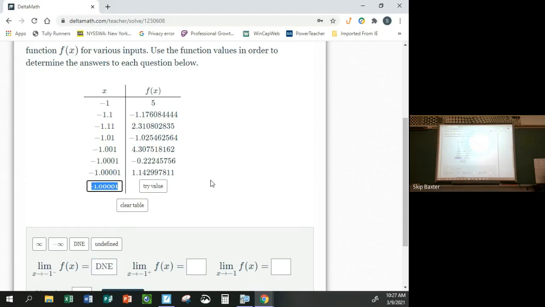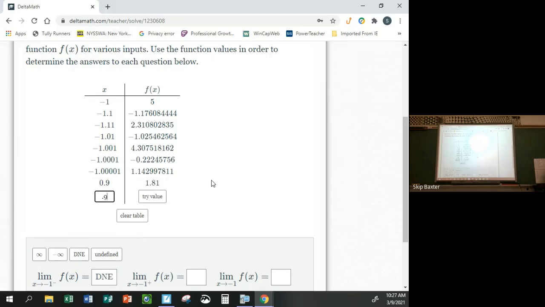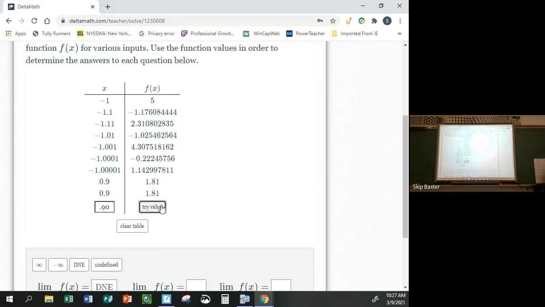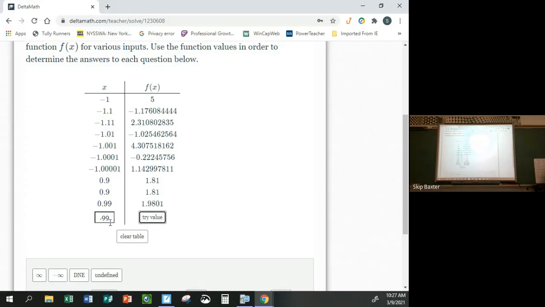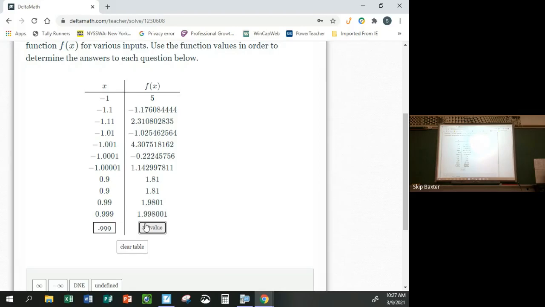If you do the same thing with -0.9, and then -0.99, oh, did it wrong again. -0.99, -0.999. All right, what am I doing wrong here? Should be negative.